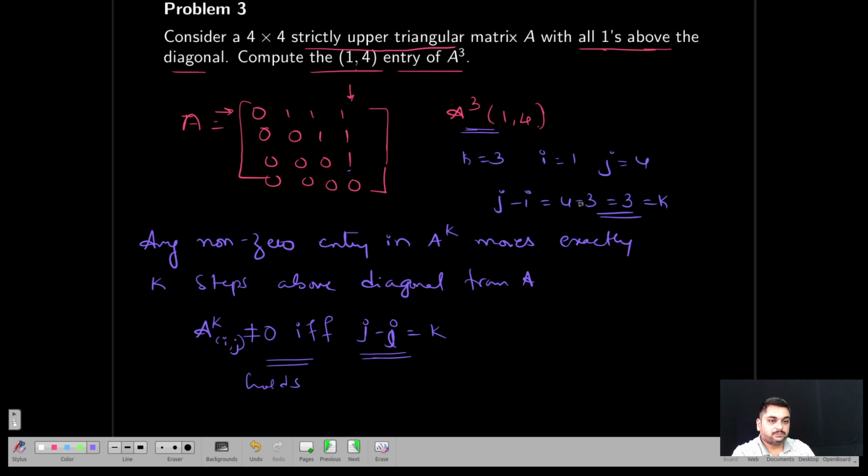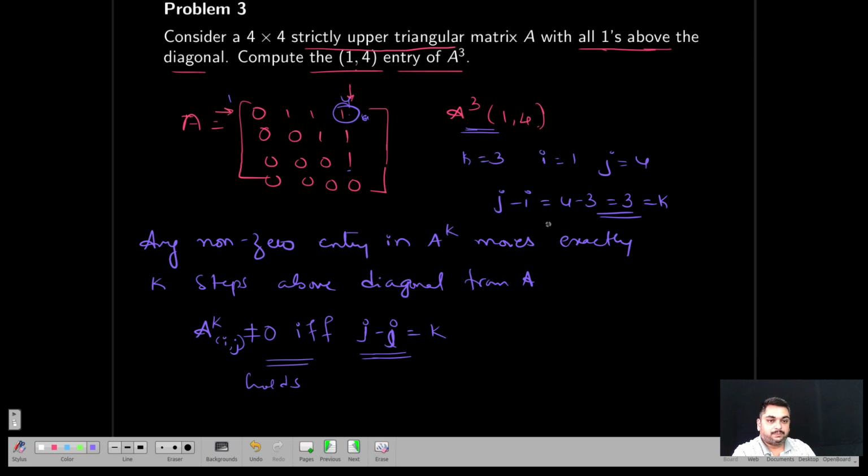Therefore, this element, 1 comma 4, has moved k steps in the product. So this element will still be there and it is non-zero. The same property applies to any other element also, not only for one.